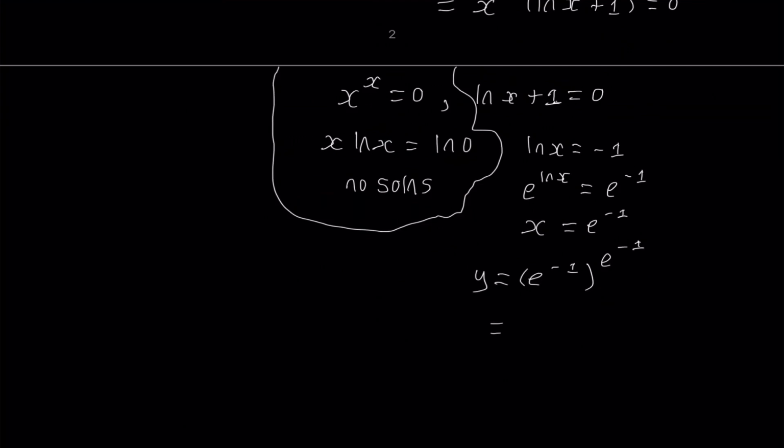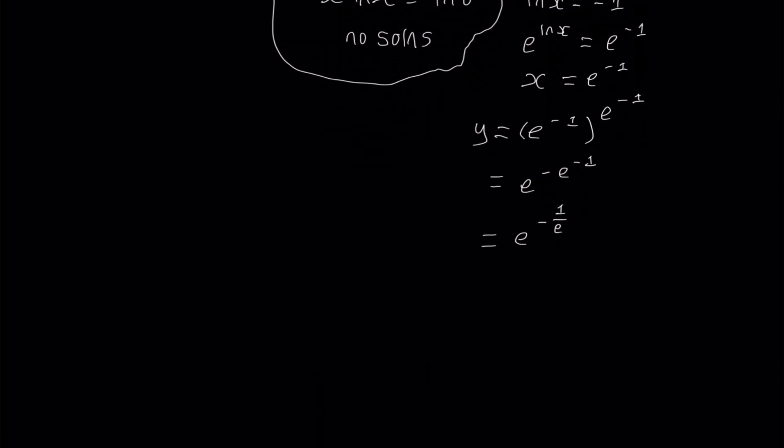Using our laws of exponents, this will state that y is equal to e to the power of -1 times e to the -1. And from here, we can do some further simplification. This will be equal to e to the negative 1 over e. And then if we really wanted to, we could write this as 1 over e to the 1 over e. And there we have it.